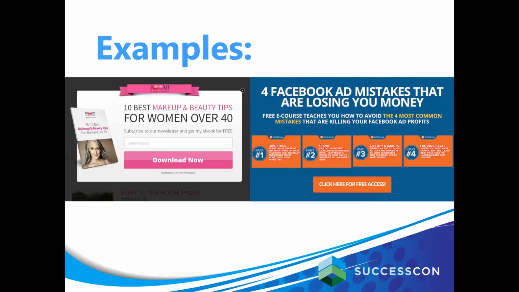And then it's saying 4 Facebook ad mistakes, and it lists visually number 1, number 2, number 3, and number 4. It's an e-course, so it can't really give you a visual of a course, but it is saying 4 mistakes, and then it gives you a visual of kind of like folders, I guess, of what you can expect, and gives you a little bit more detail on each of those. I really, really like this one a lot.